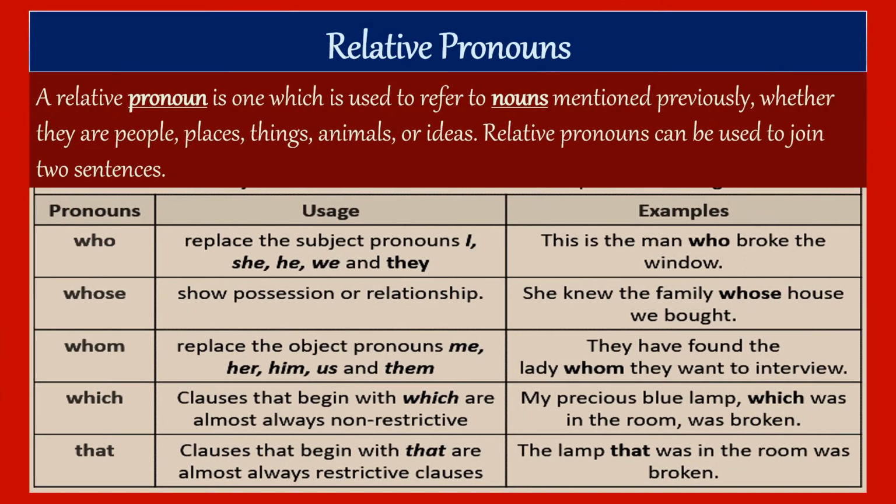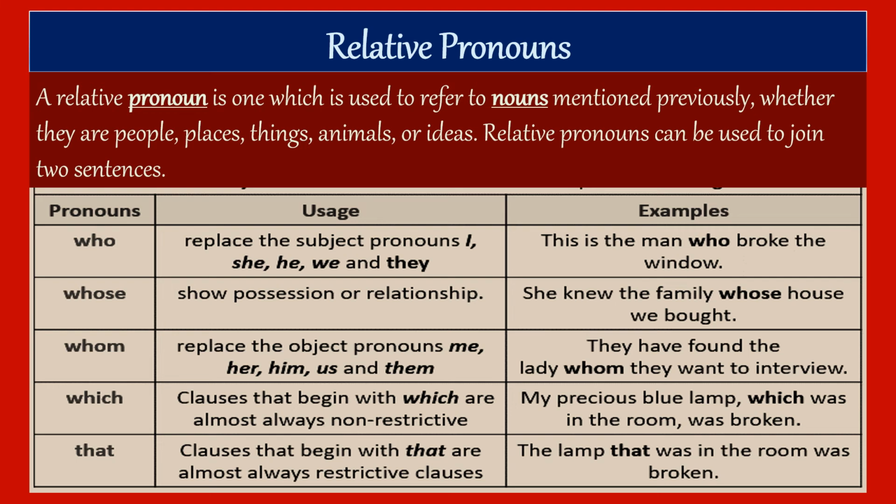The eighth type of pronoun is relative pronoun. A relative pronoun is one which is used to refer to nouns mentioned previously, whether they are people, places, things, animals, or ideas. Relative pronouns can be used to join two sentences.